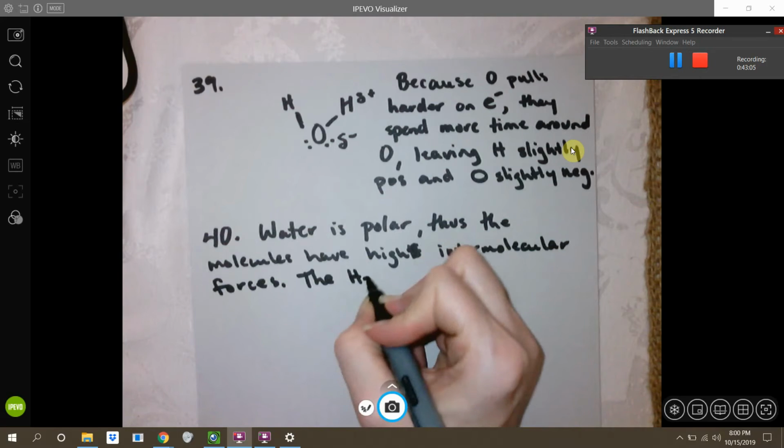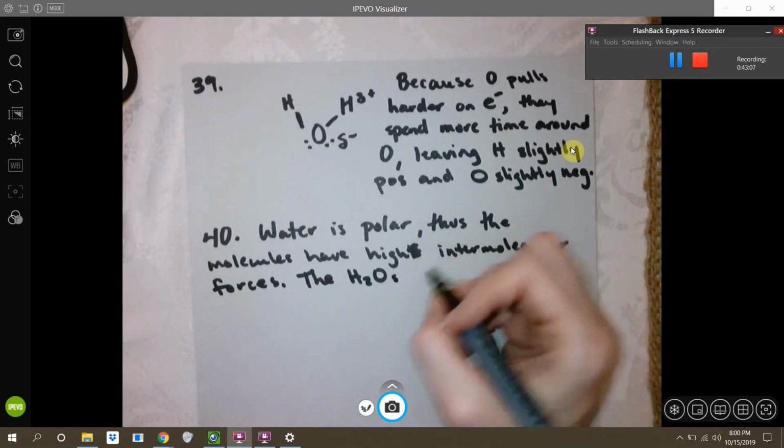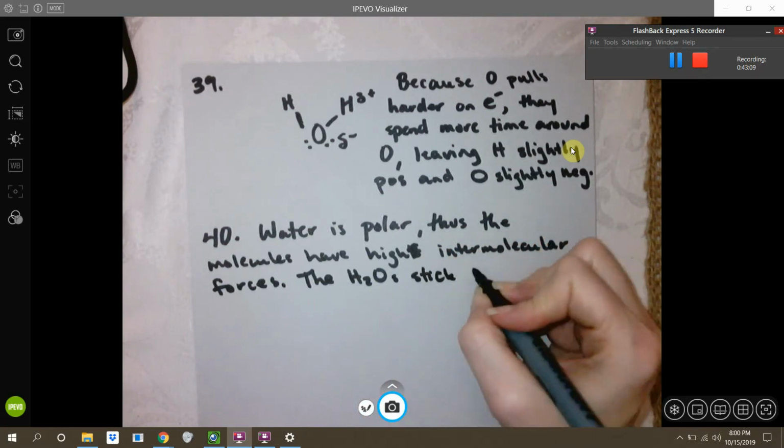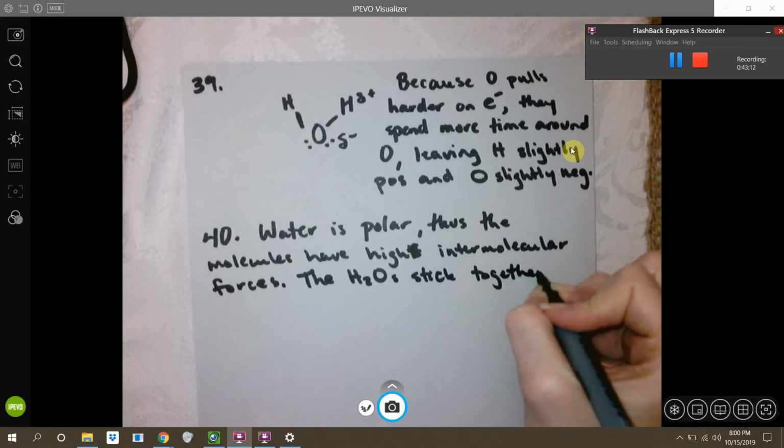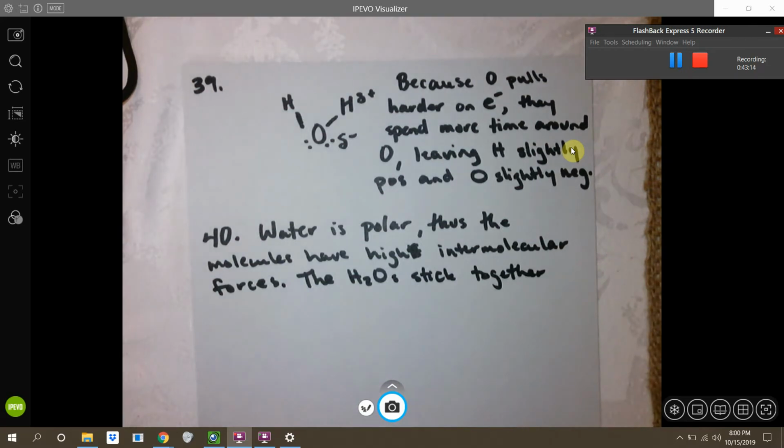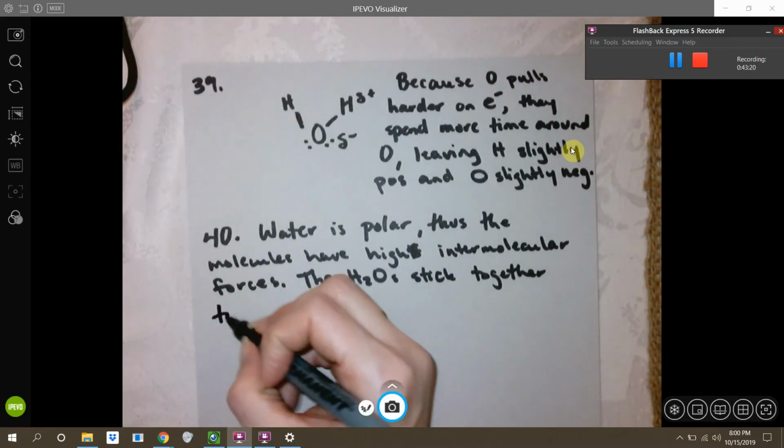The H2Os stick together to form droplets.